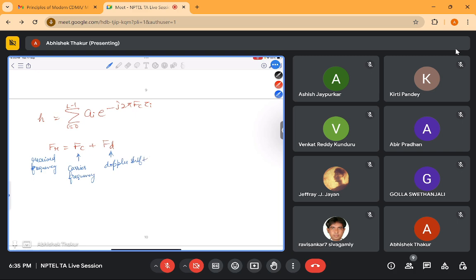Now due to that, the equation of the fading coefficient will change, and we can write fc is equal to fr minus fd. Now let's suppose this is our base station and here is the user.